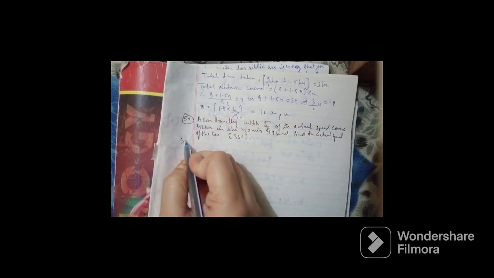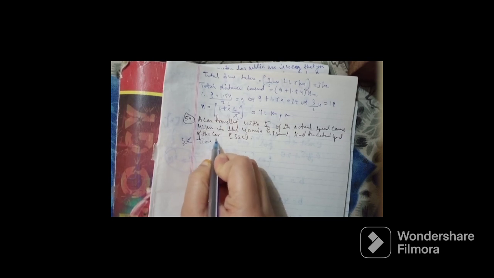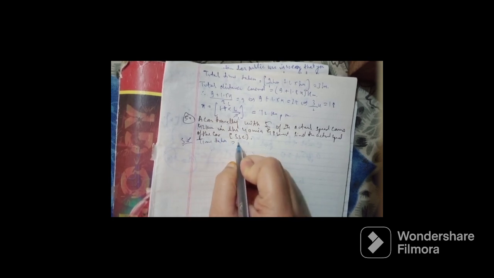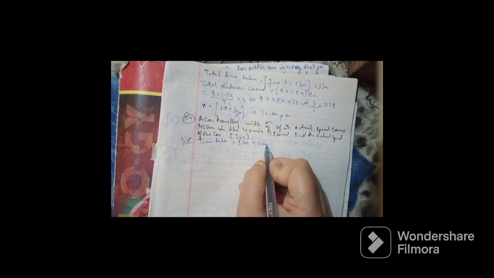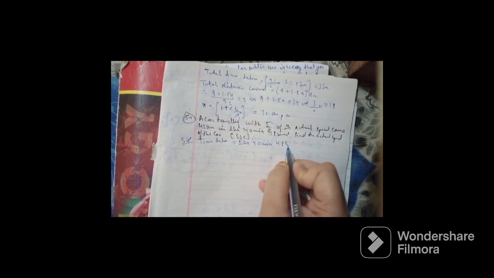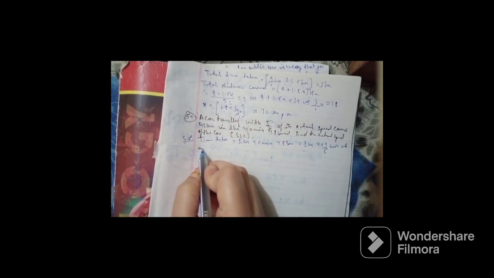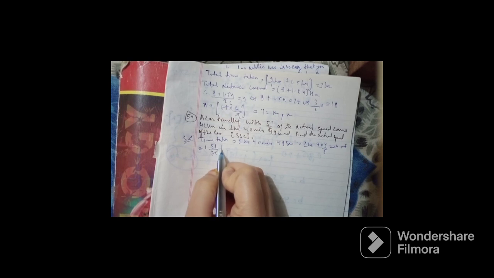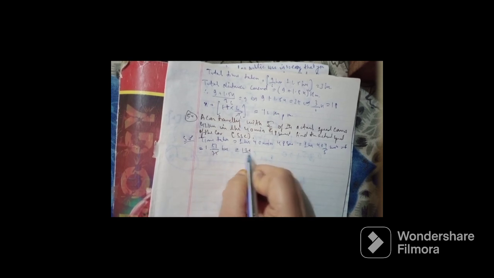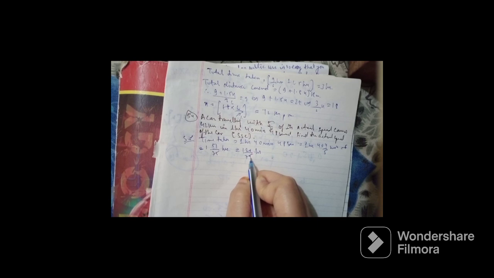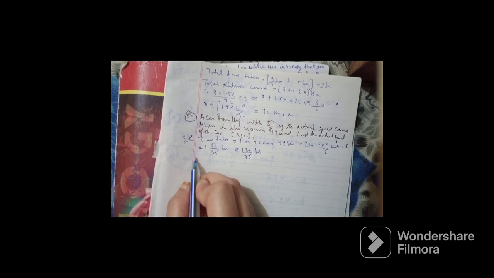Time taken equals to 1 hour 40 minutes 48 seconds, which is 1 hour 44 by 5 minutes, which is 151 by 75 hours, that is 126 by 75 hours. Let the actual speed be x kilometer per hour.